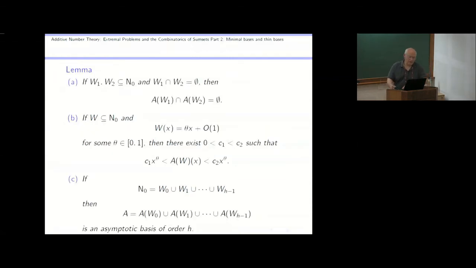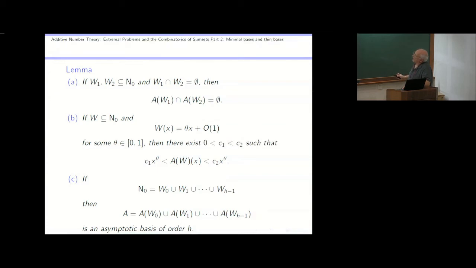And there are a couple of nice properties of these. They're just a series of simple lemmas, but they became standard in this subject and are referred to a lot. If you take two disjoint sets of non-negative numbers, these binary sums are disjoint.